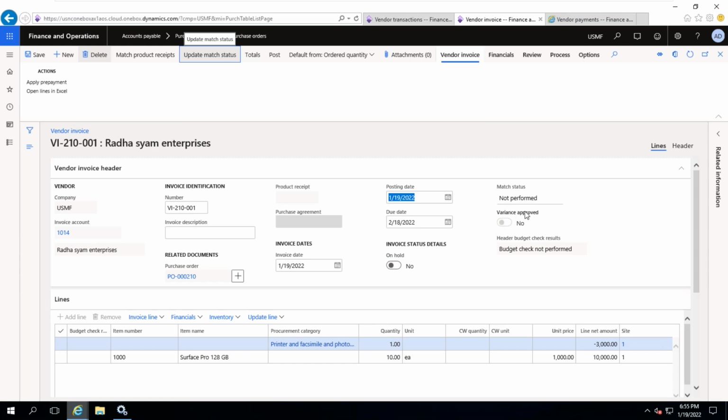It is passed. Okay. Fine. Now you can click on post.